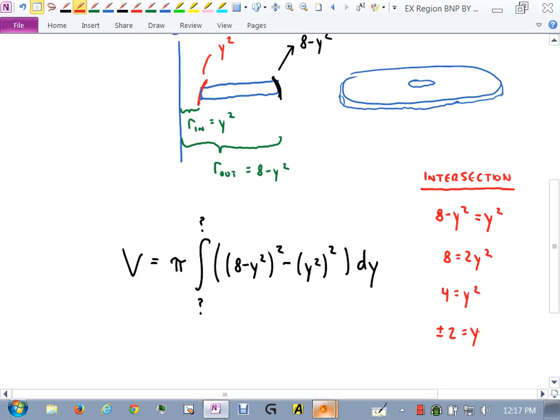I made it so it didn't work out to nice numbers. So negative 2 to 2? Yep. Look, I'll point something else out after everyone's okay with this. Any issues? Okay.